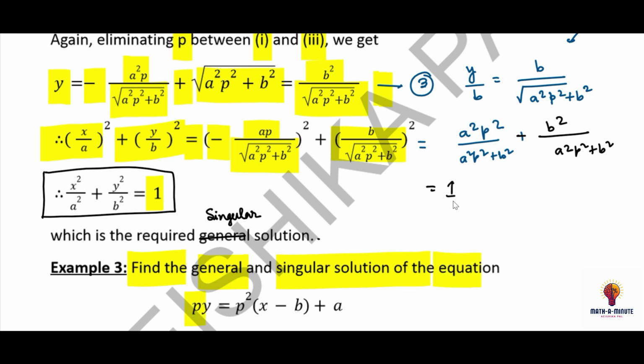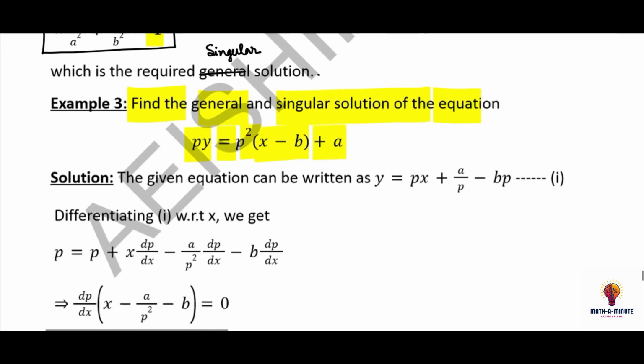The given equation here is py equals p²(x minus b) plus a. First we have to modify the given equation into the Clairaut format. So we can write the given equation in the form of y equals px plus a by p minus bp.